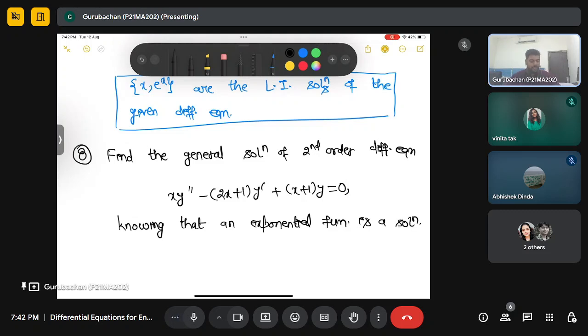So we know that it has a solution as an exponential function. So you need to first guess that solution, and with the help of that solution and the Wronskian, we have to find out its other solution. Try this one.